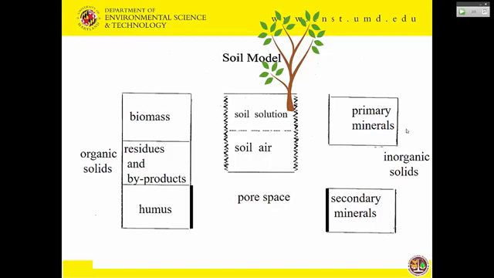If you look at a soil and you can see quartz crystals, that's a primary mineral. That hasn't changed chemically since it solidified from magma. Up in the Piedmont where I live, we have a lot of muscovite in our soils. That's a primary mineral. Whereas secondary minerals tend to be what we call our clay minerals.